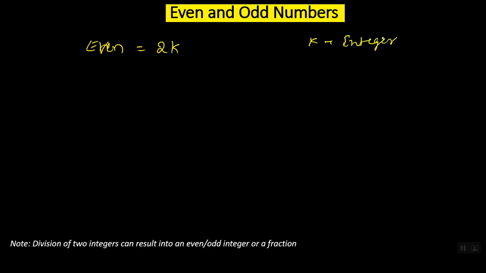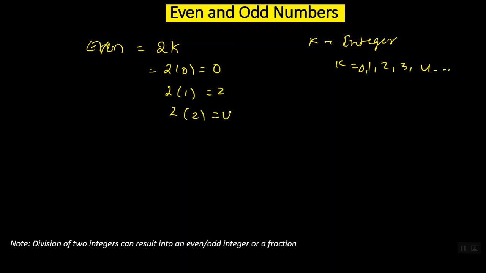The value of k may be 1, 2, 3, 4 or negative, including 0 also. So 2 times 0 is 0, 2 times 1 is 2, 2 times 2 is 4, 2 times 3 is 6, and so on. These are all even integers or even numbers, which are multiples of 2.